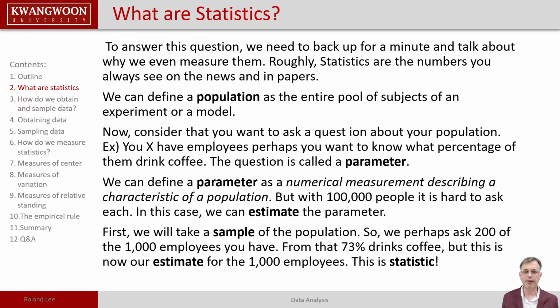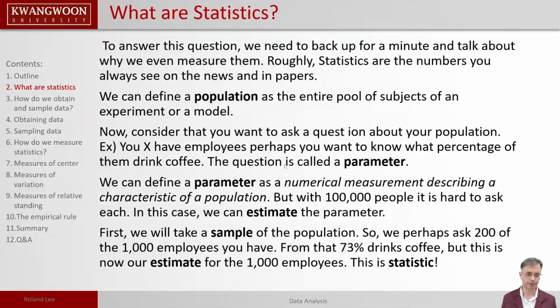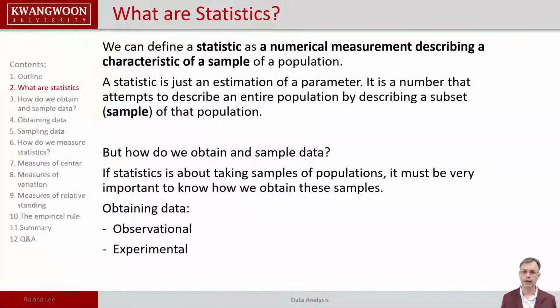So we can define a statistic as a numerical measurement describing the characteristics of a sample of a population. A statistic is just an estimation of a parameter, just as I mentioned. It's a number that attempts to describe an entire population by describing a subset of that population.